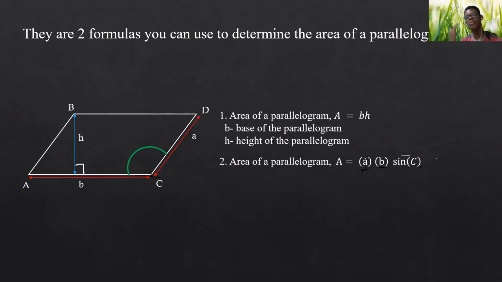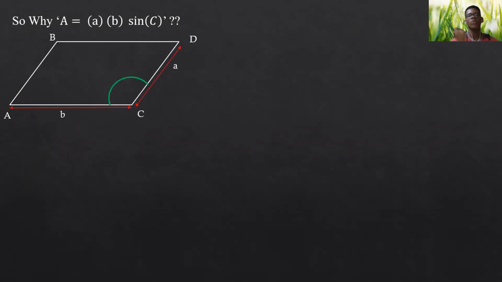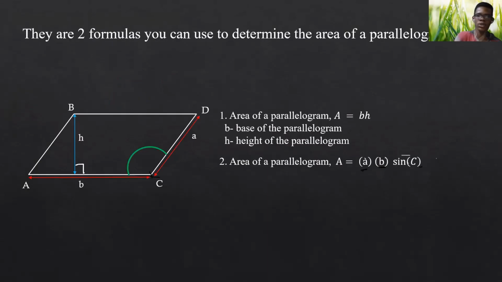So once you remember your formulas for the triangle, just remember to take out the half from the base times height and the ab sine C, and you have the areas for the parallelogram. I believe it's going to be on the formula sheet, but once you remember this, you don't even need to go to the formula sheet, right? Now, I'm not going to get into why the half is just gone.